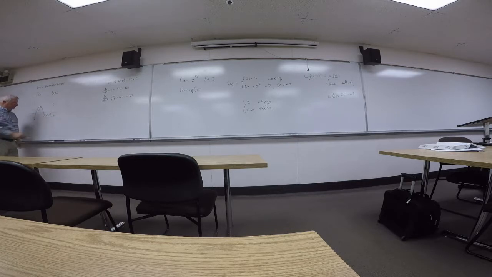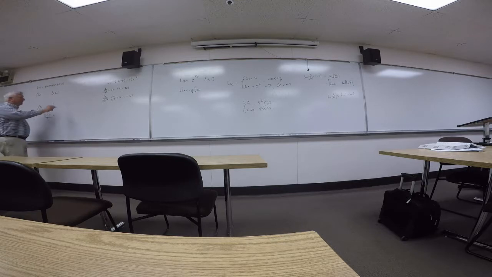There has to be a point that has 0 slope. Might be that point. A, B, C, D, F, G. Let's skip F, because we're using F already. H, G. So, F prime has at least 2 zeros.